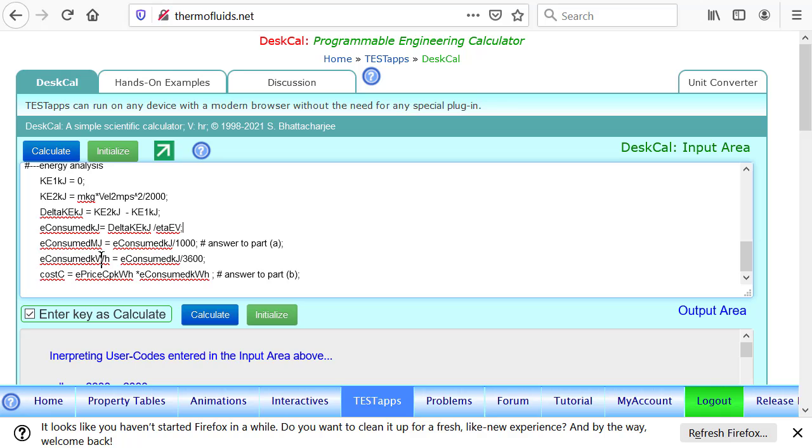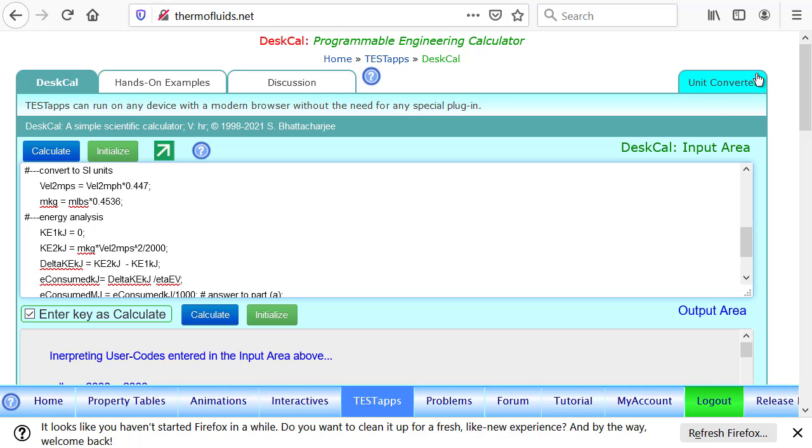You can intuitively understand that. A kilowatt going for 1 hour is 1 kilowatt hour, the standard unit of electricity. So a kilowatt means what? Kilojoule per second times 1 hour, 3600. So that's why 1 kilowatt hour is 3600 kilojoules. So we divide the energy consumed in kilojoules by 3600 to get how many kilowatt hours are used.